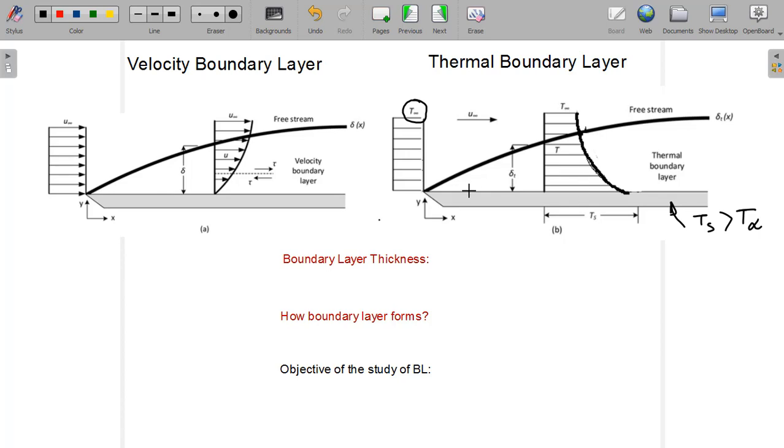So this region is called the thermal boundary layer, where the temperature variation is significant or there is a significant temperature gradient. And since there is a temperature gradient, heat transfer takes place within that region only, because outside the temperature variation is not there. That is why the heat transfer is not taking place.